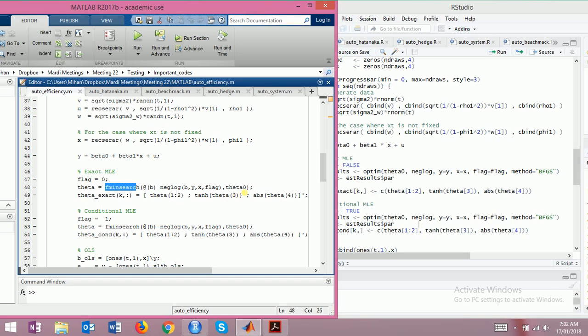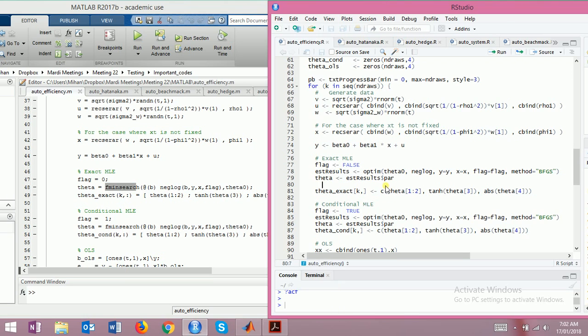Neglog byx flag theta, so flag false. Instead of 0 we say flag is false. Optimization theta naught is the part. Neglog yyxs flag, method bfgs part.